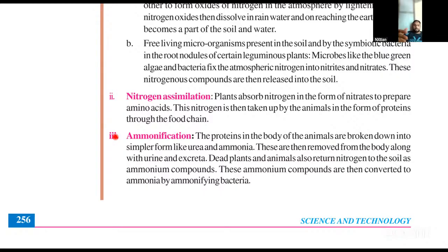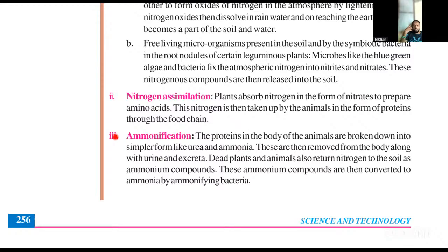Now, in their bodies, protein will be broken down into urea and ammonia, and then the body will excrete the waste in the form of urine. Dead plants and animals also contribute, and this is called ammonification.